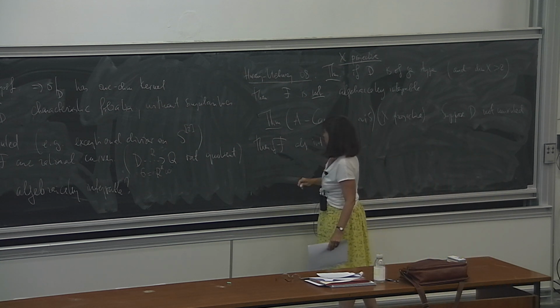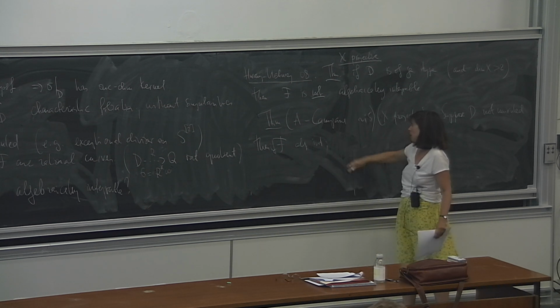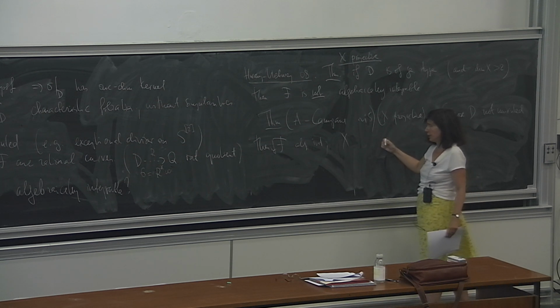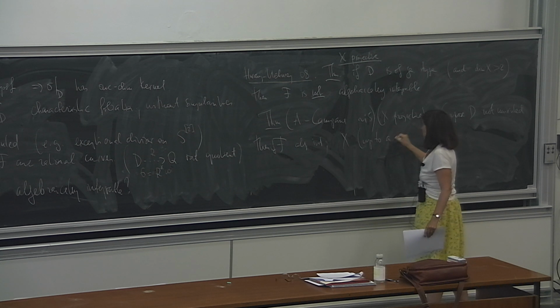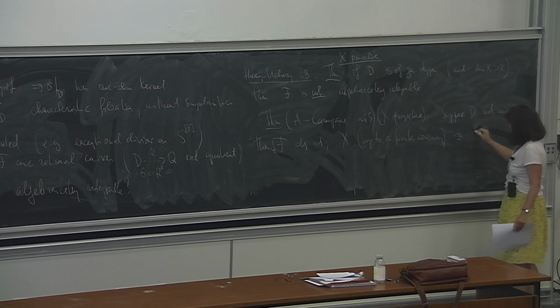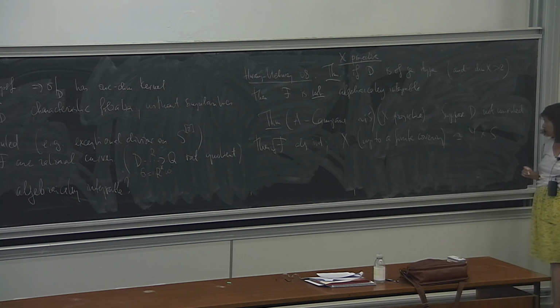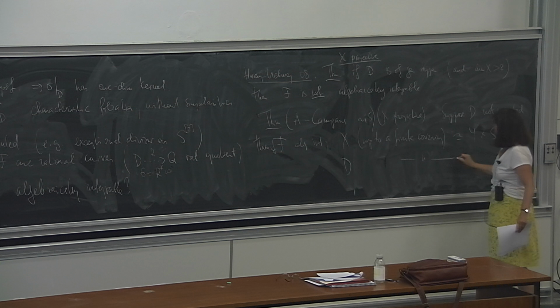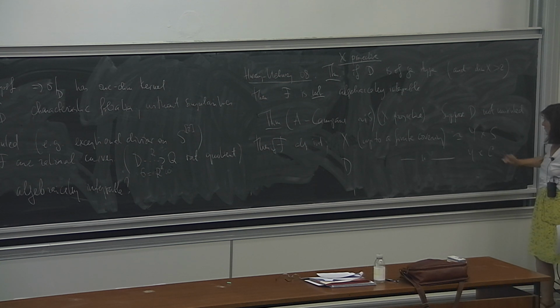Then X, up to a finite étale covering, is a product of a surface S with Y, and D is a product with a curve. So S is a holomorphic symplectic surface, C is a curve, and Y is a holomorphic symplectic manifold.